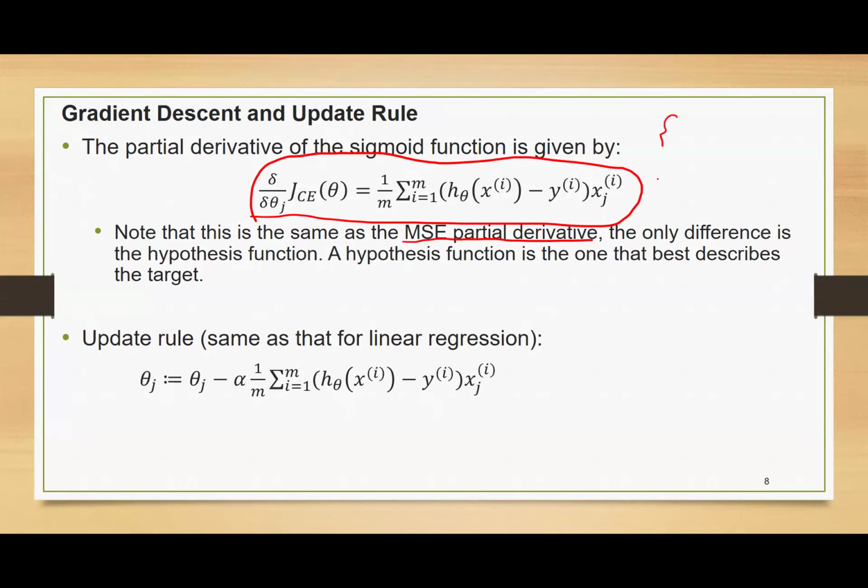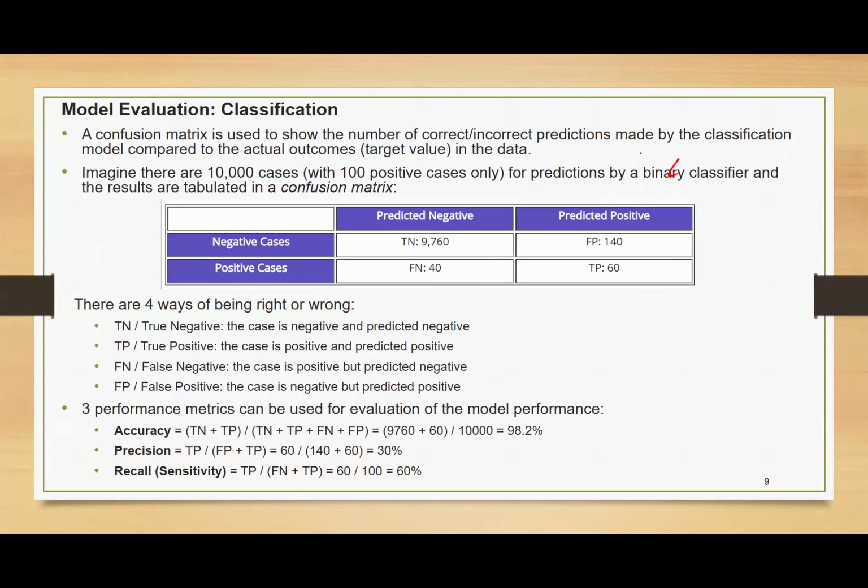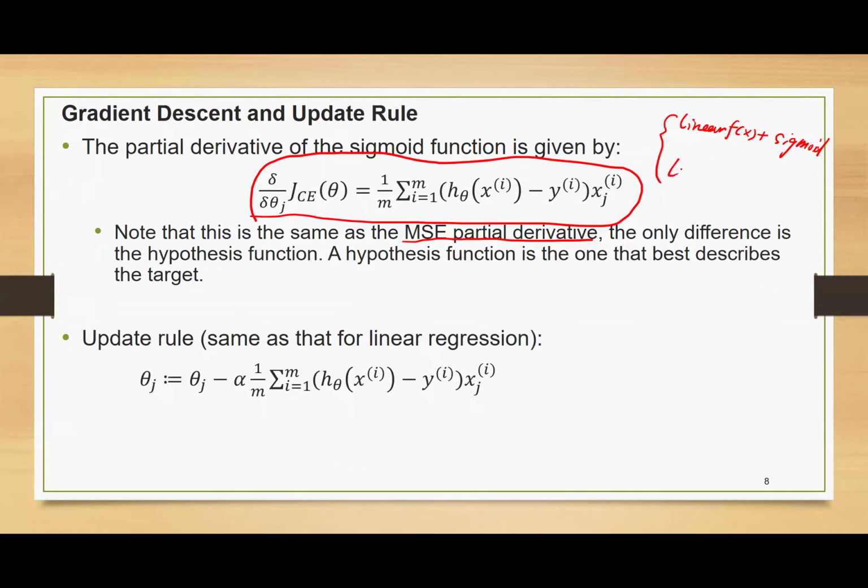So this is a comparison between two models. One is the linear function f x plus sigmoid. And then the competitor here is the linear function alone, right? Linear function.